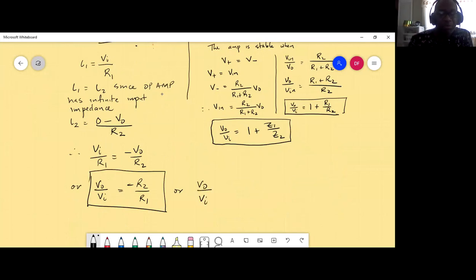And if we replace the resistors with a capacitor or inductor, then we don't talk about resistance anymore, we just say impedances.